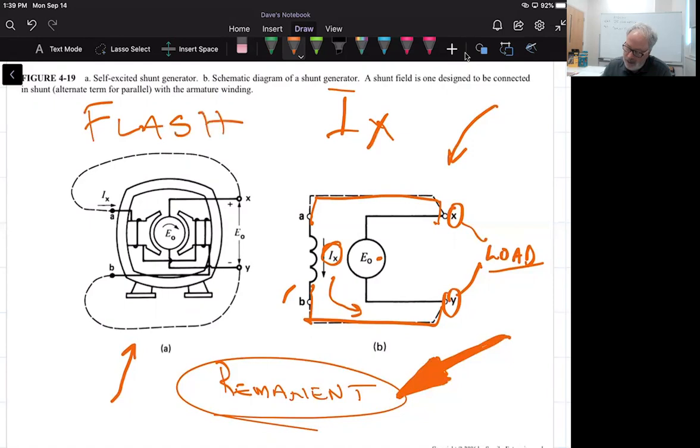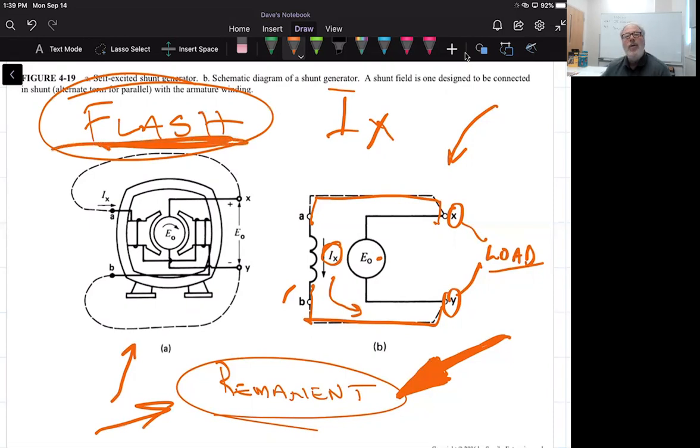Say it was being rebuilt or it was brand new and it didn't have this remnant flux. You actually do this thing called flashing of a generator, creating the flux that causes this whole process to happen.